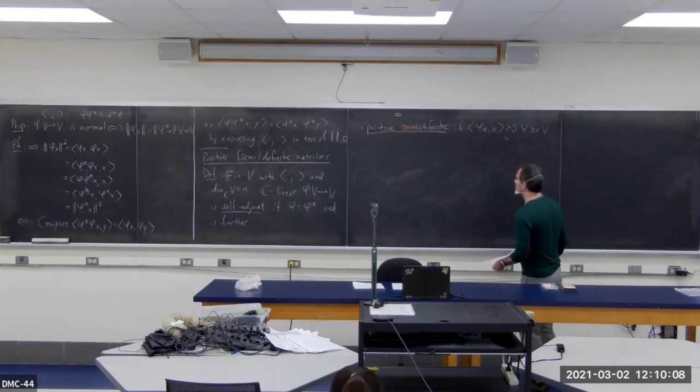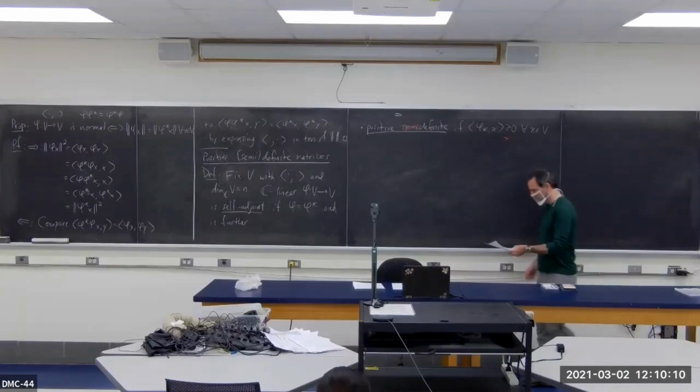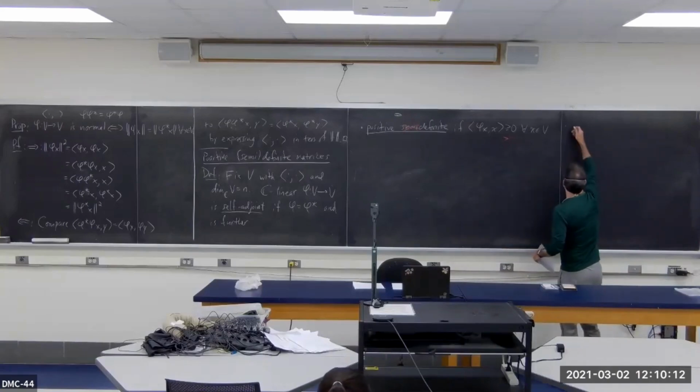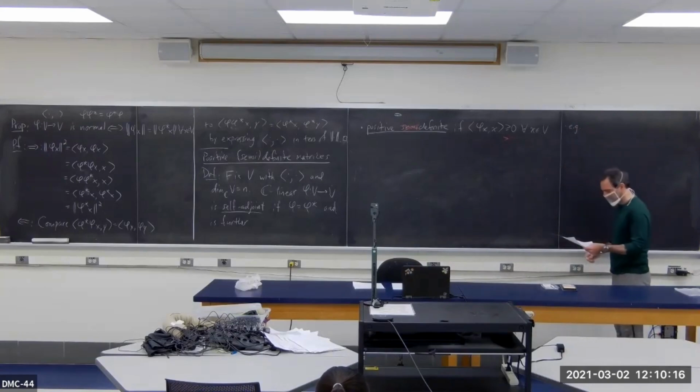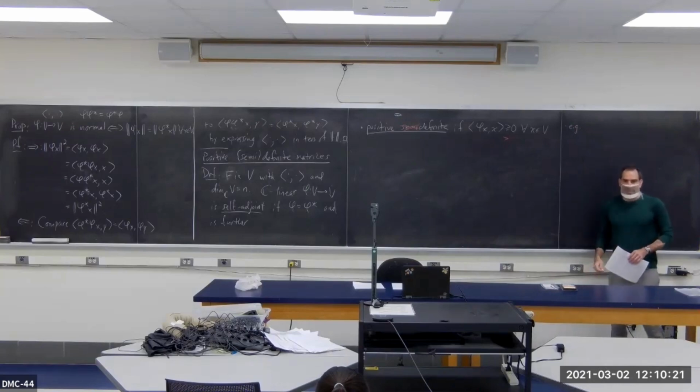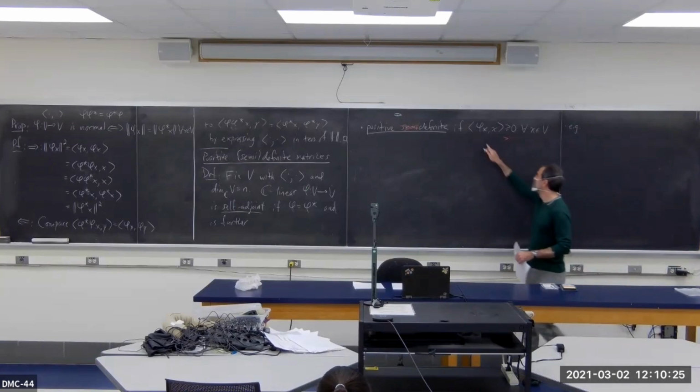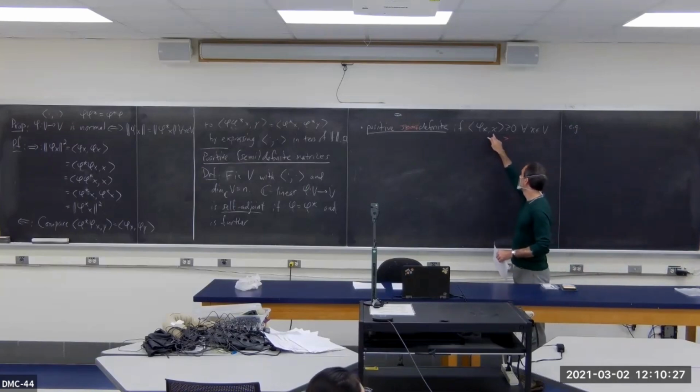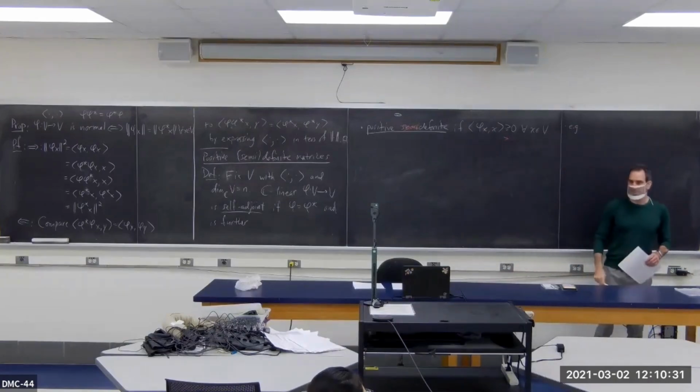Okay, give me an example of a positive semi-definite matrix or operator. How can you arrange that the inner product of phi of x with x is always greater than or equal to 0?